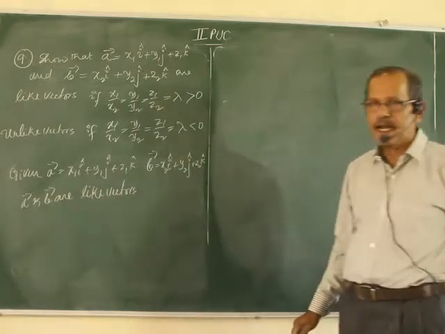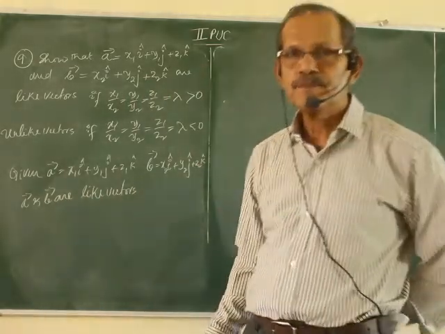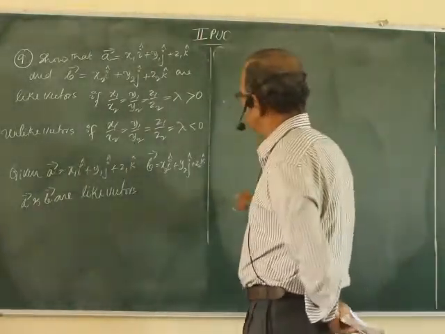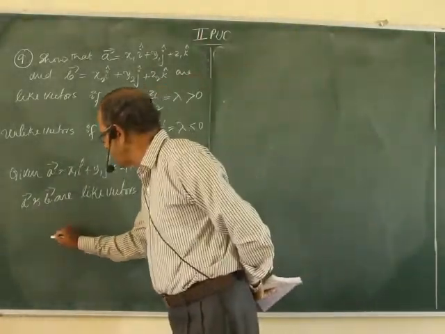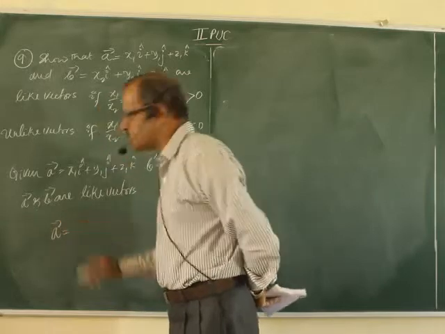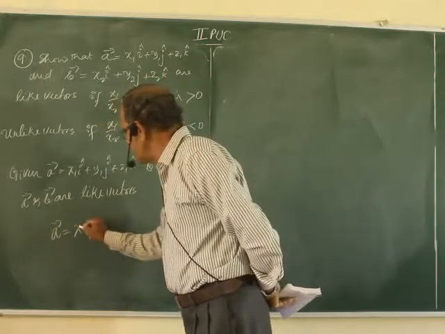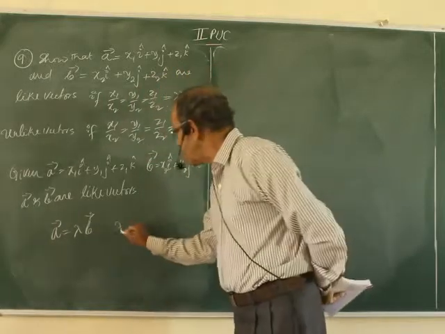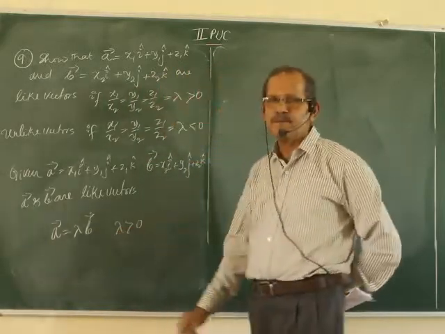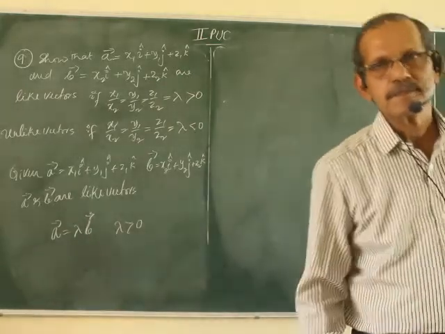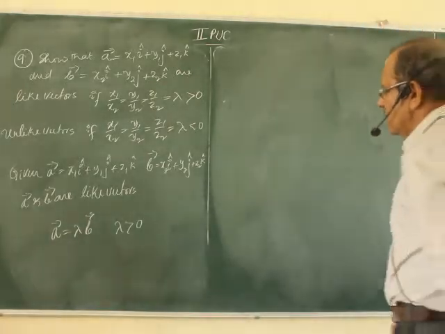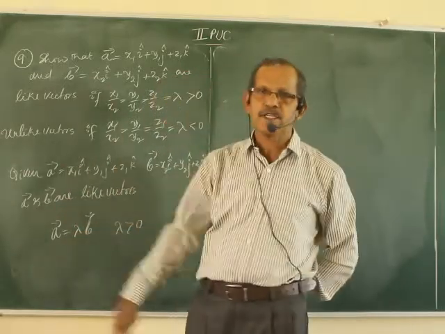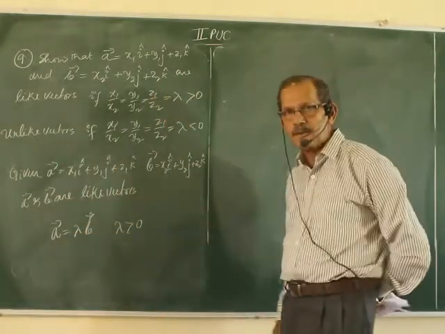A and B are like vectors means what you have done in the previous problem: B should be, or one vector should be, a positive scalar times another vector. Lambda is greater than 0. One is a scalar multiple of the other, then the vectors are said to be like vectors. Just as we have done in the previous example.